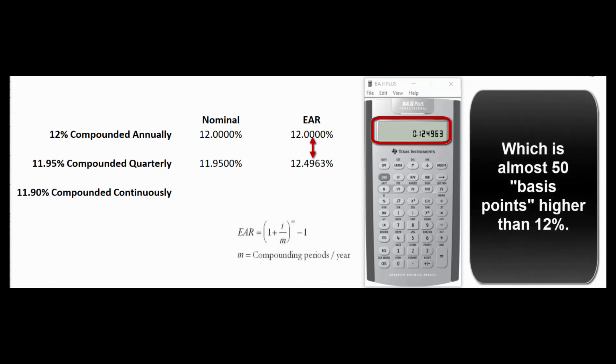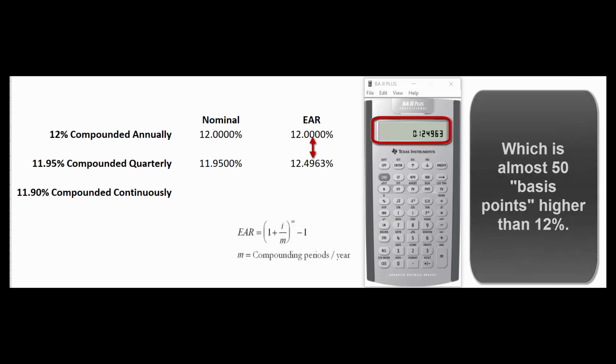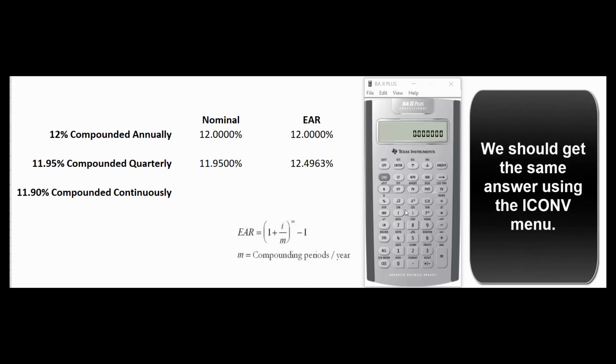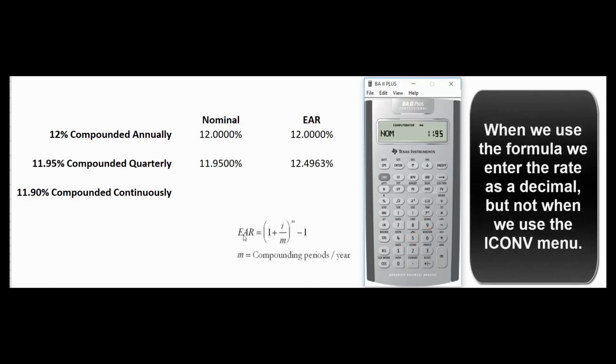Let's do that same thing now, but let's use the interest conversion menu. Let's do the same thing, but use our calculator's module here. So we'll hit second interest conversion, which is the 2. It asks us what the nominal rate is. Well, the nominal rate is 11.95. So when we're using this formula, we enter the interest rate as decimals.